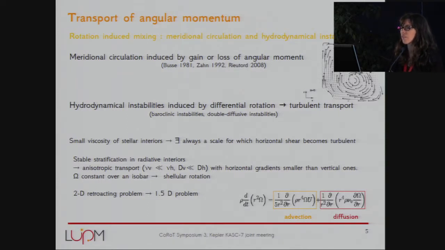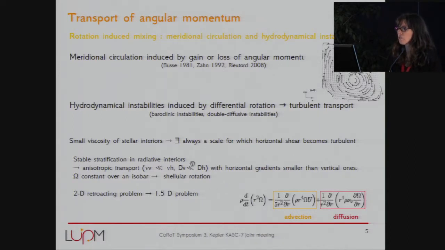But then what you assume is that you have an anisotropic transport of matter, meaning that the horizontal shear is much larger than the vertical one. And this will create a cellular rotation.